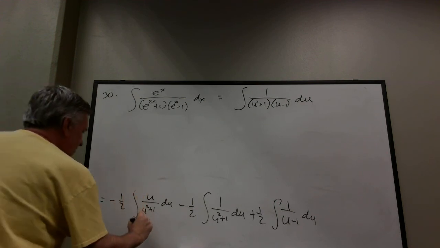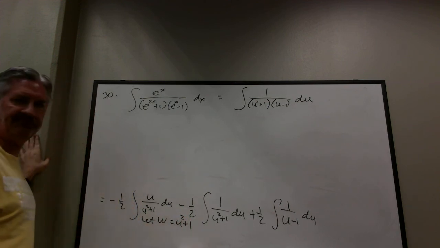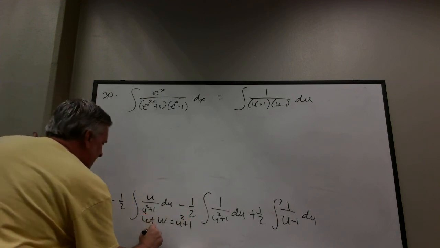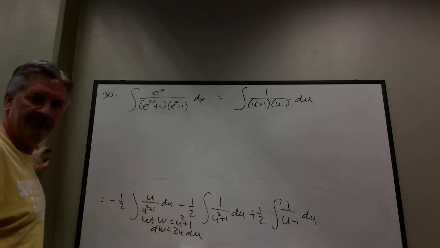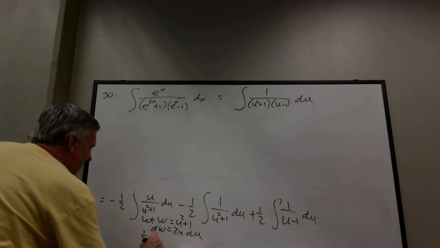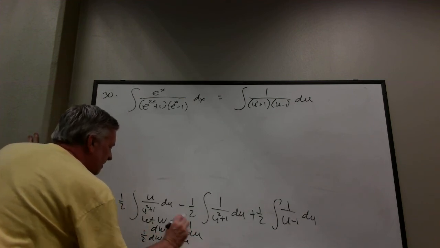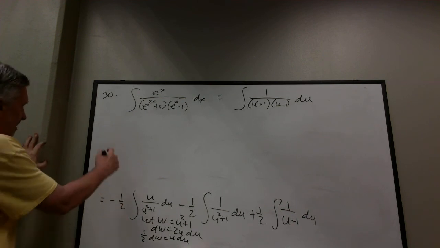So let's let w be u squared plus 1. So dw is 2u du. But I don't have a 2 in the problem, so 1/2 dw is u du. Hopefully you can see that. Okay, so I'm going to continue here.